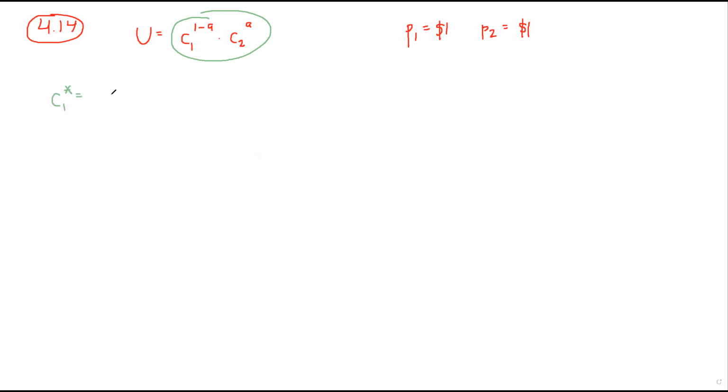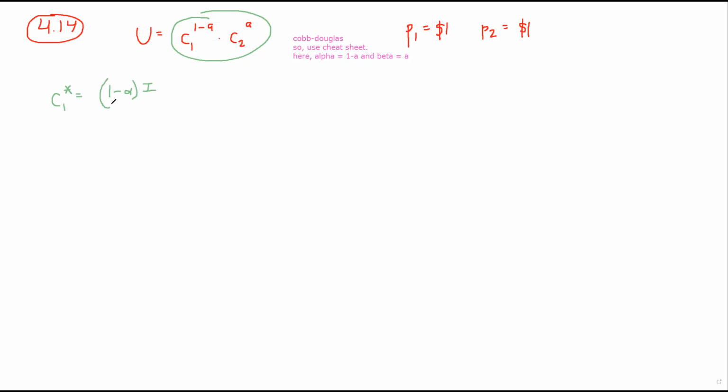C1 star equals 1 minus alpha. So not alpha. One second. Just want to point out, again, this is Cobb-Douglas. So use cheat sheet. Here, alpha equals 1 minus A, and beta equals A. So with that in mind, C1 star would be 1 minus A times her income.